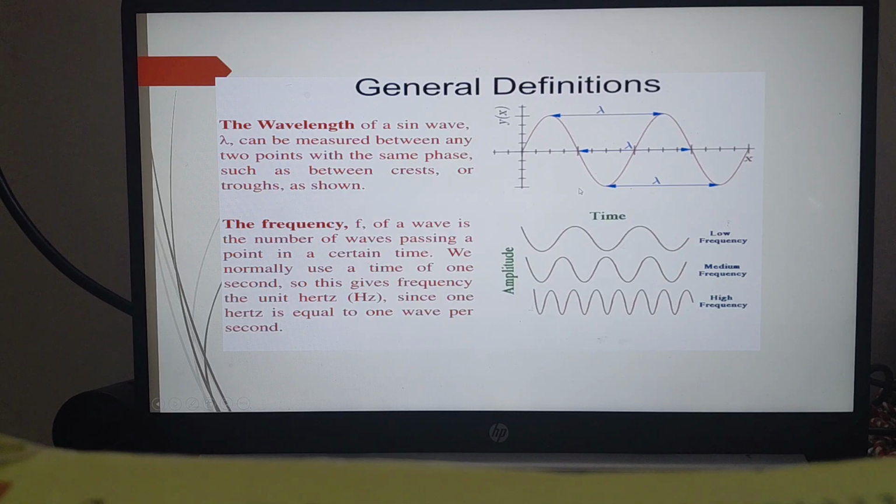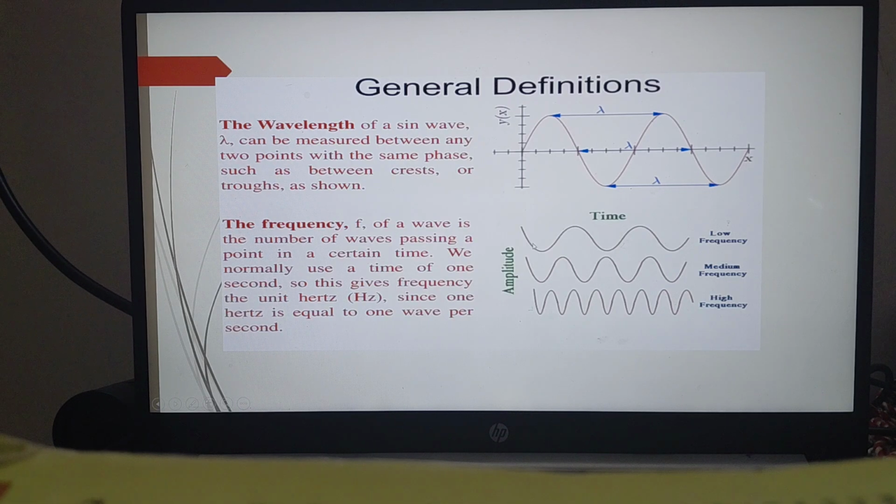So then what is frequency? Frequency is the number of waves passing a point in a certain time, normally in 1 second. The number of waves which travel in a second of time is known as frequency.